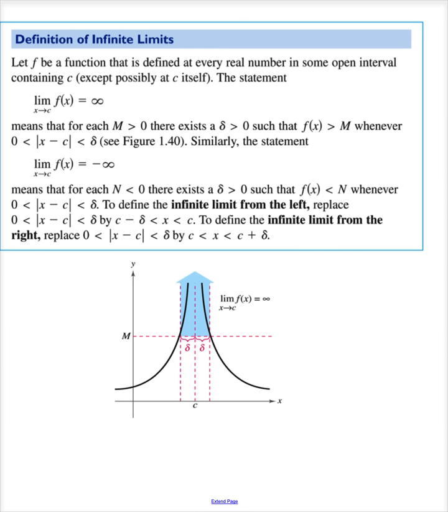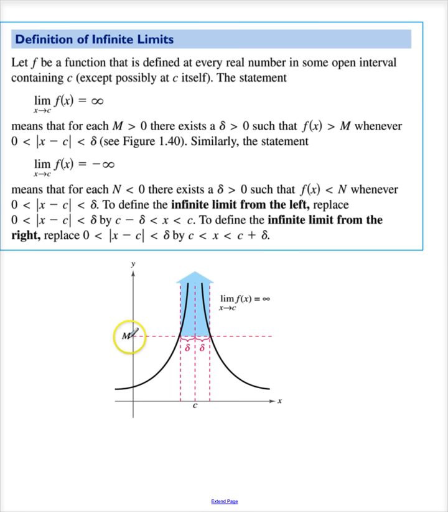Now, let's define what we mean by a limit being positive or negative infinity. The definition is up here, but I kind of just want to do it with the diagram. Suppose I have a function.